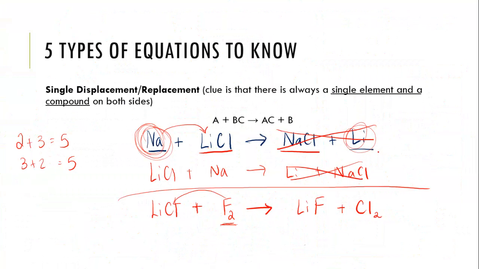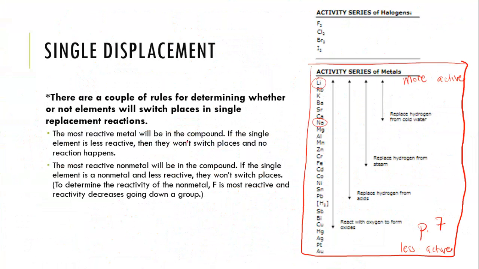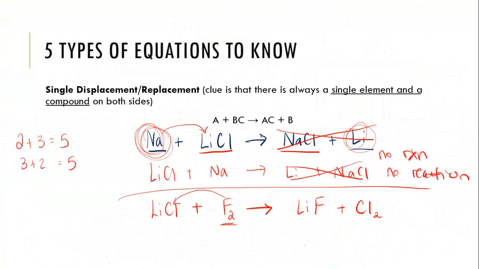So you could write in, like, no RXN, no reaction. It actually wouldn't take place. I wrote a lie, okay, because the most reactive metal wants to be in the compound. This is the most active, the most reactive. It is not going to give up that spot to sodium. It just won't do anything.